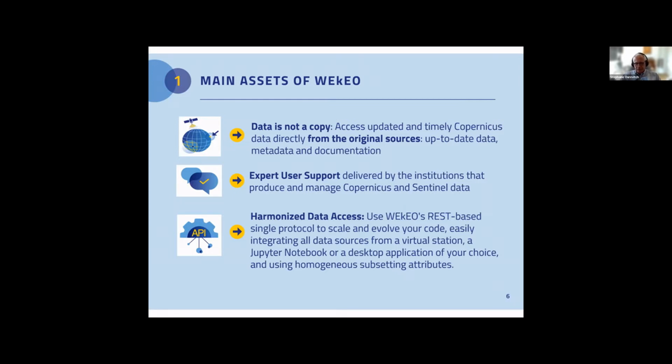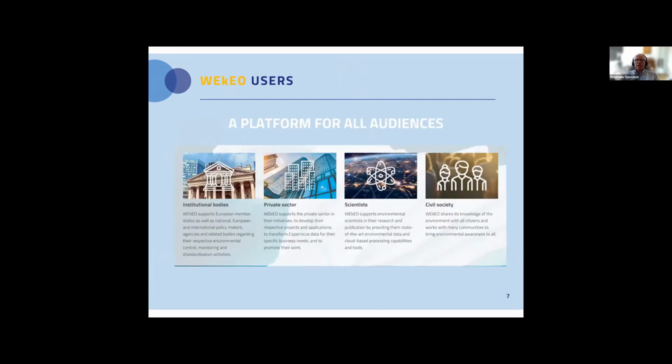You can use either Jupyter notebooks in the cloud, or you can download the data and use it in either proprietary or in open source tools such as QGIS. We'll talk about that today in more detail. There's no limitation whatsoever, no proprietary format, etc. Because obviously, as you may already know, the Copernicus data and information is accessible on a full, free, and open basis, which also means that the tools to use it must be as open as possible.